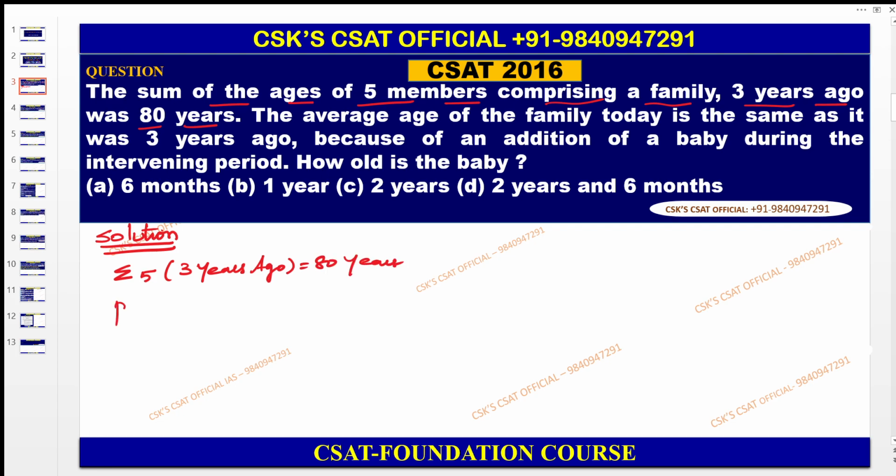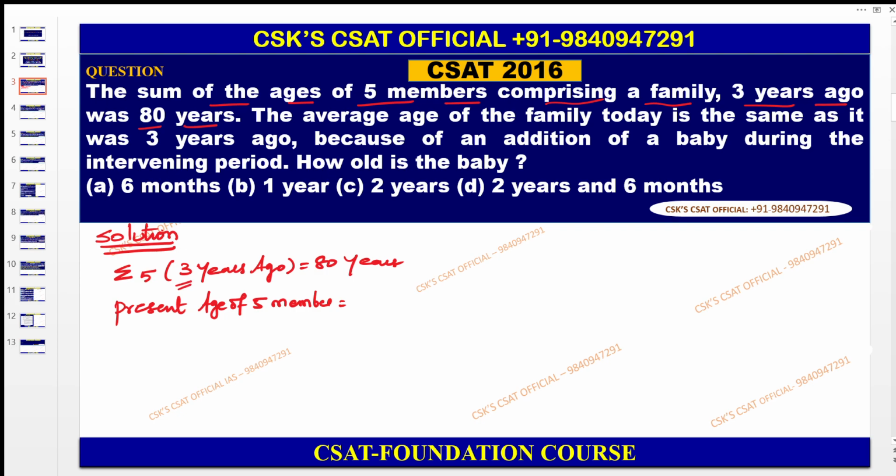Then automatically you can calculate the present ages of those 5 members. Which means 3 years ago it was 80, and each year a person's age increases, so for 5 members it is 5 per year. So you have to calculate the present age, that is after 3 years.